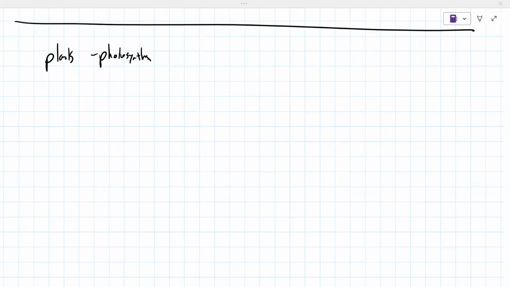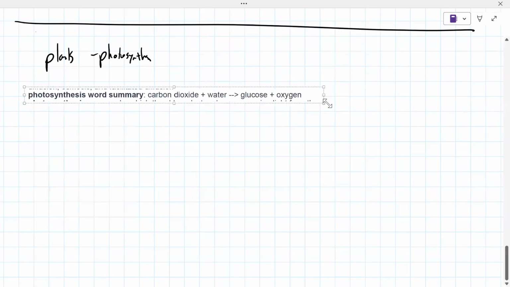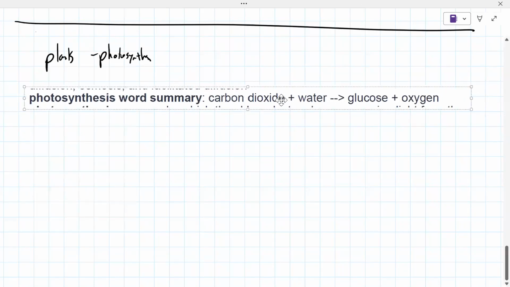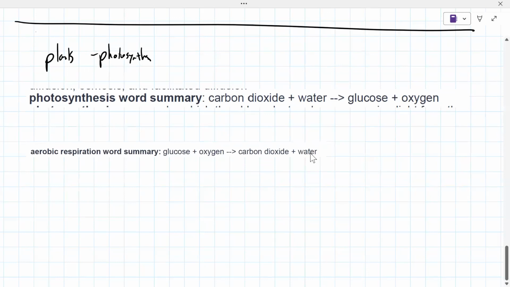The plant takes light to make sugar. Yes. And oxygen. Very good. That's important. So remember that we started out with one of these relationships for aerobic respiration. Yeah. Okay, there's also one for photosynthesis, right?